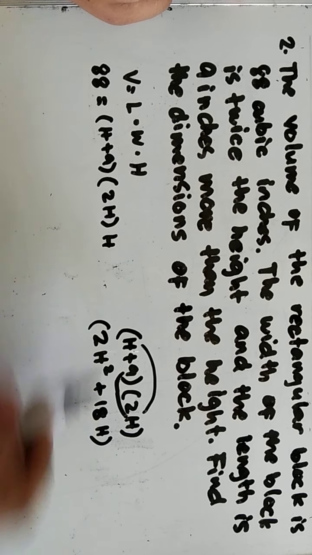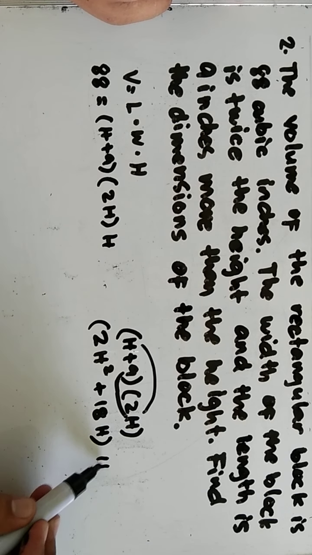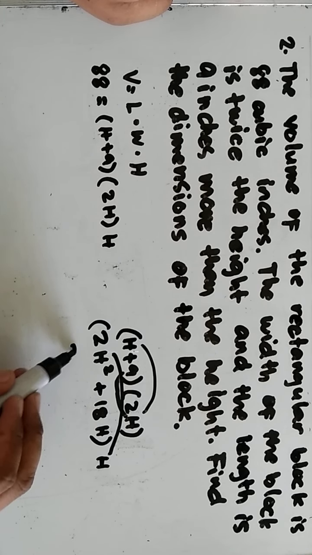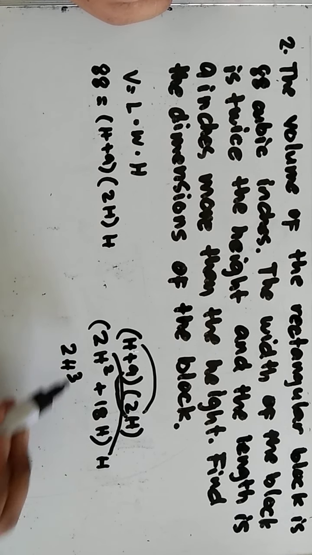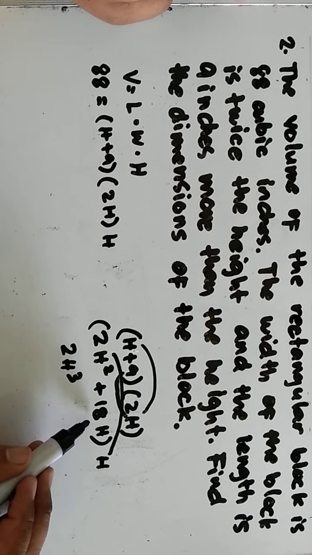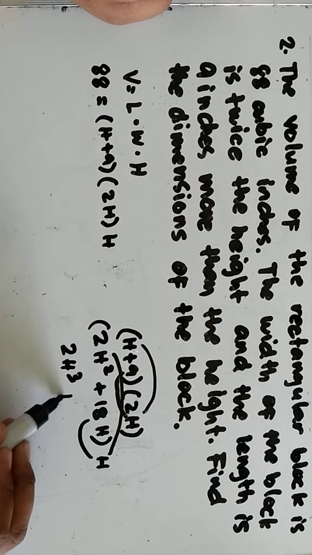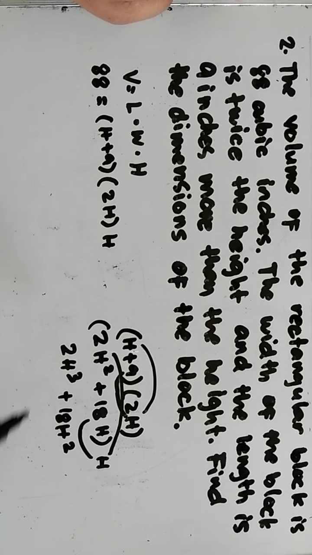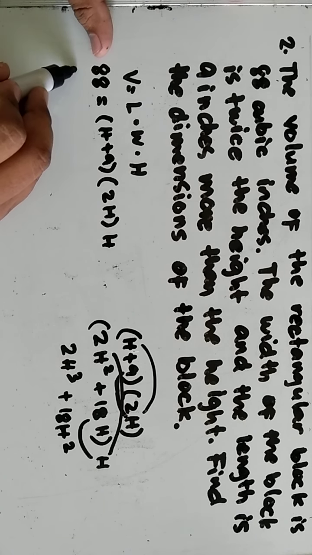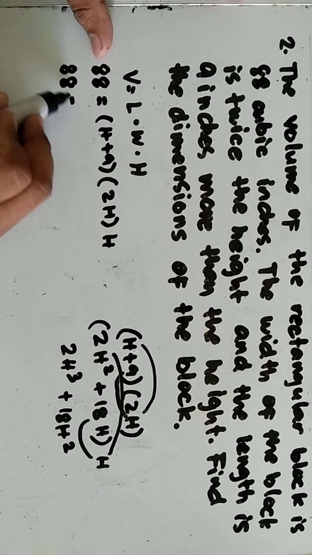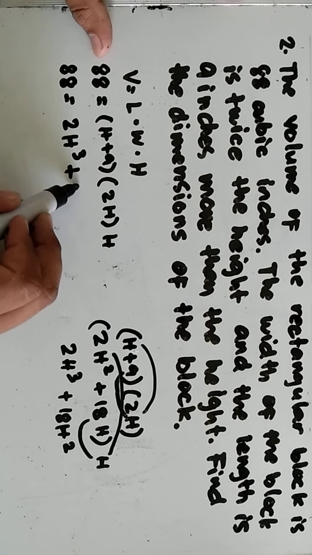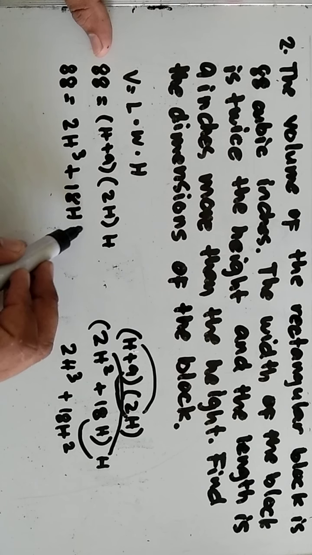Tapos, i-multiply na naman natin siya sa H. Okay. 2H raised to 2 times H, magiging 2H raised to 3. Tapos, 18H times H, magiging siyang plus 18H raised to 2. So, ibig sabihin, pwede natin itong isulat na 88 equal to 2H raised to 3 plus 18H raised to 2.